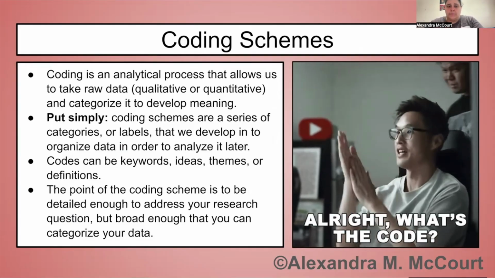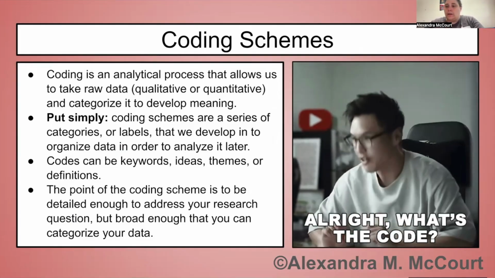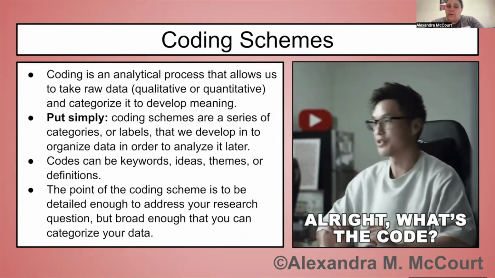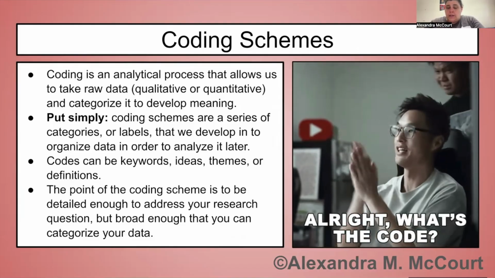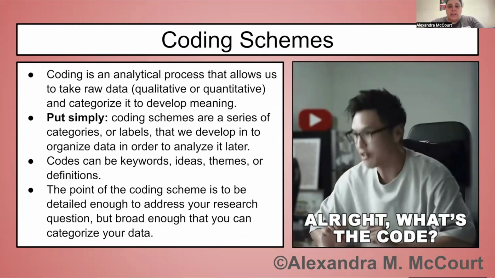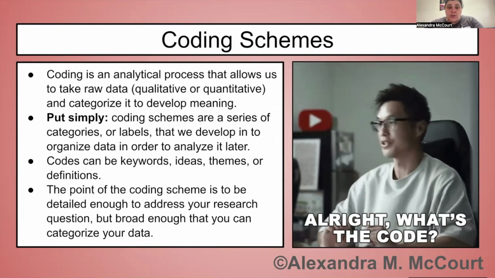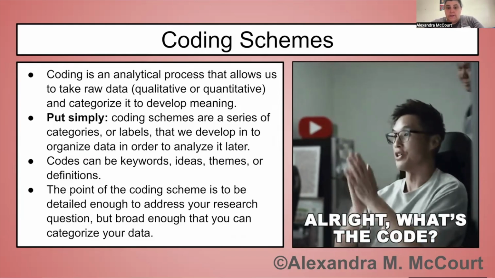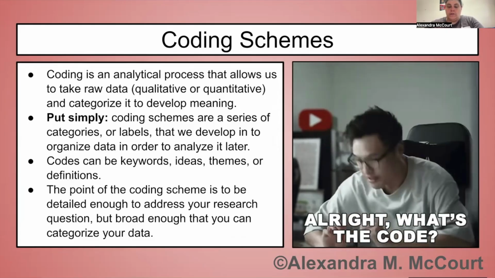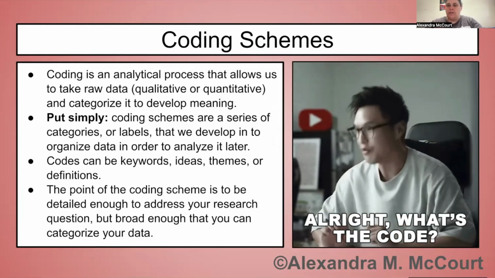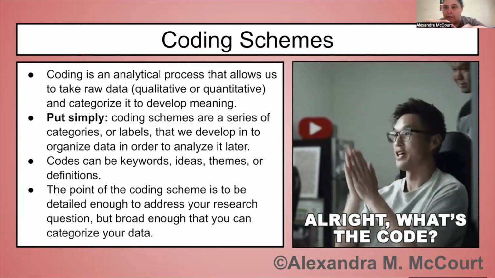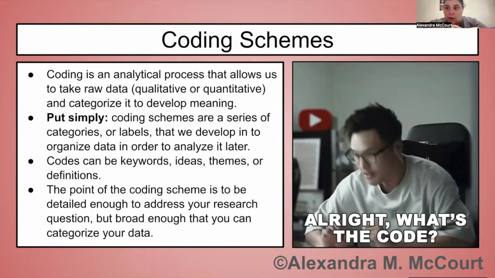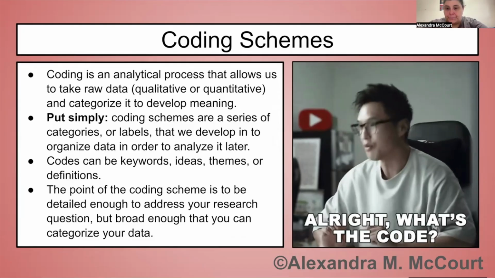So putting it simply, coding schemes are categories or labels that we develop to organize the data to help us analyze it later. These codes can be keywords, ideas, themes, definitions, all sorts of things. And the point of the coding scheme is to be detailed enough to address your research question, but broad enough that you can categorize your data in all sorts of ways.